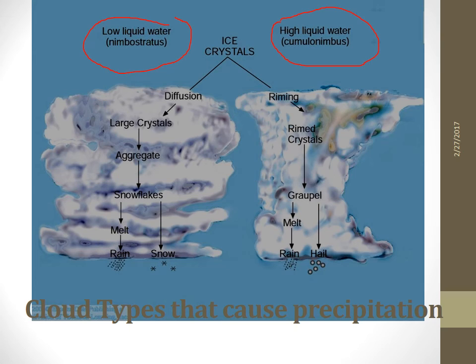And then you get what is called graupel, which are basically the ice pellets. If it's cold enough, you can get hail. If it's warmer, then these graupel can melt and you get rain. And those are the 2 types of clouds that can produce precipitation using ice crystals.